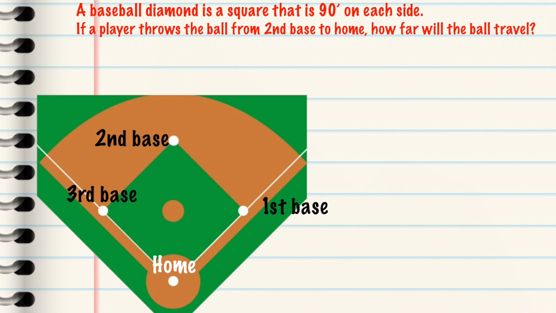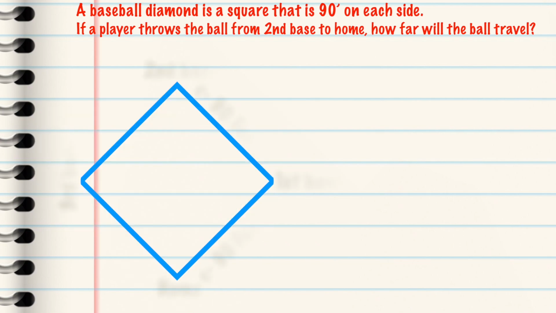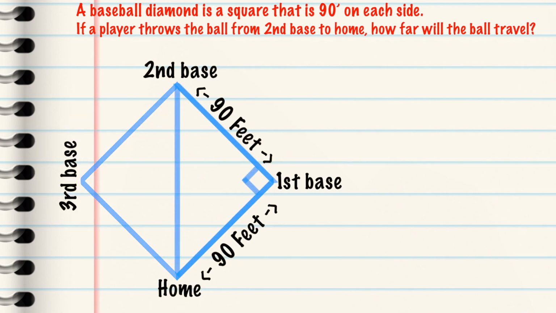So, a baseball player wants to throw a baseball from second base to the home plate. In other words, he wants to throw this distance. We can think of a baseball field as a square or as two right-angled triangles.